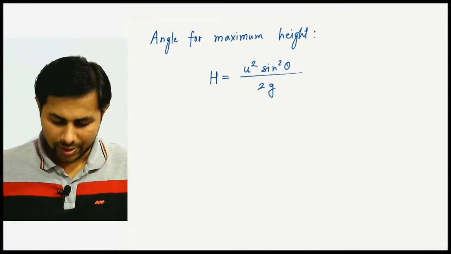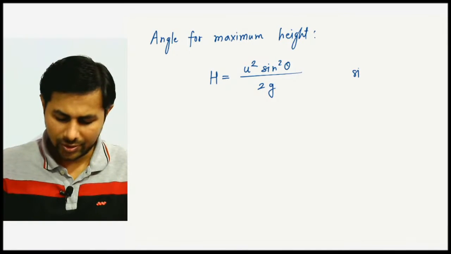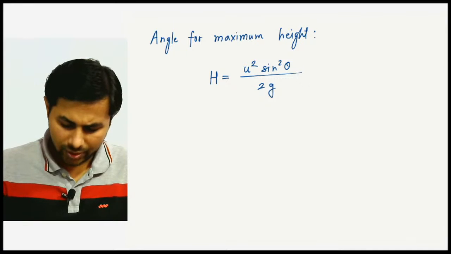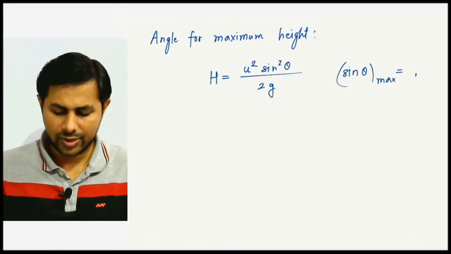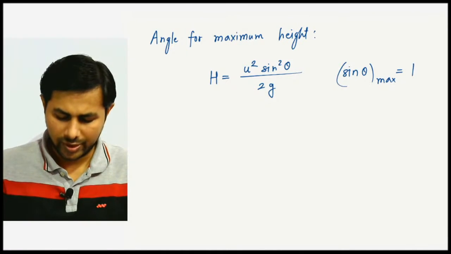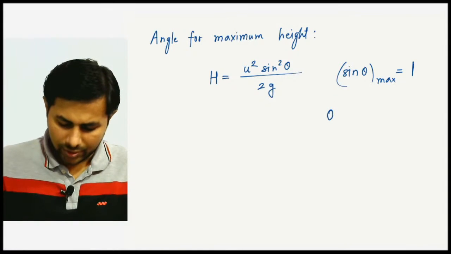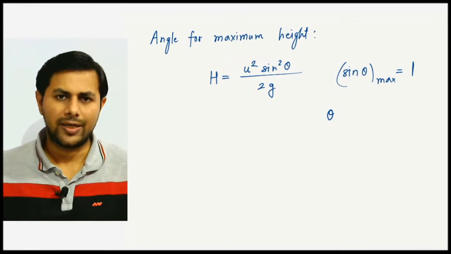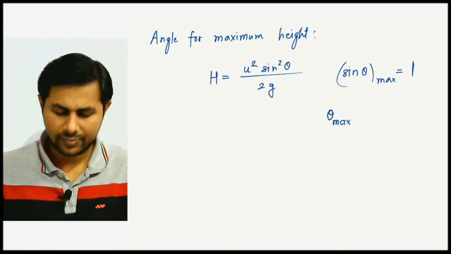So what is the maximum value of sin theta or cos theta of an angle? The maximum value for sin theta is equal to 1. Therefore, the angle corresponding to this maximum height is, suppose, theta max.